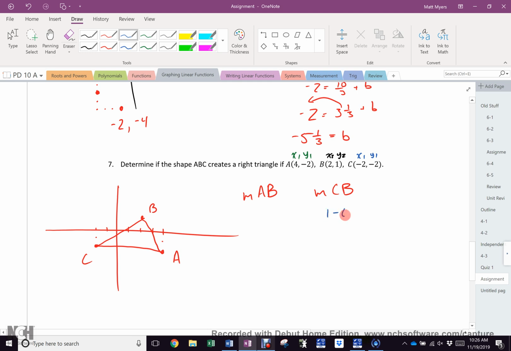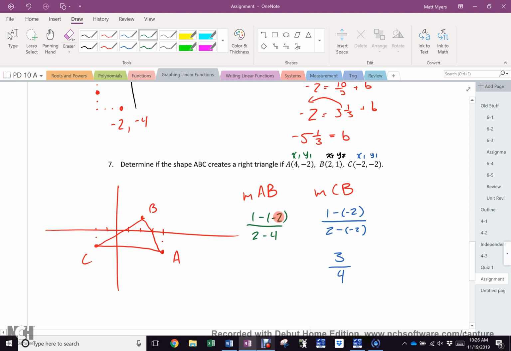1 minus minus 2 over 2 minus minus 2. What is 1 minus minus 2? 3. What is 2 minus negative 2? 4. Then in green, AB is 1 minus negative 2 over 2 minus 4.